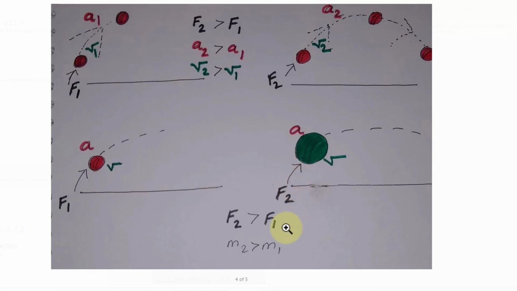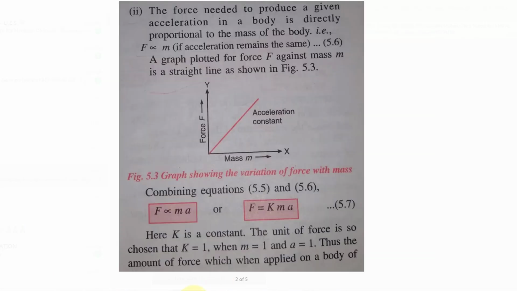Reason, the mass of the football is more than the mass of the tennis ball. Got it? So if acceleration is constant, the force required to produce acceleration in a body directly depends upon mass. More mass, more force is required. Less mass, less force is required.